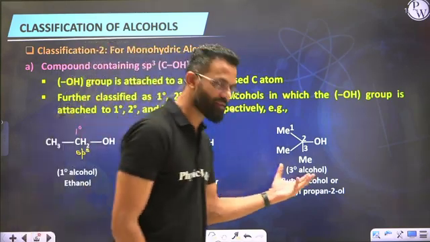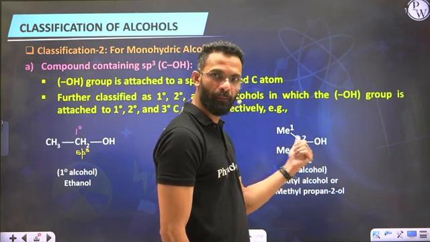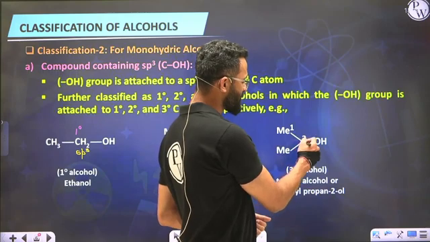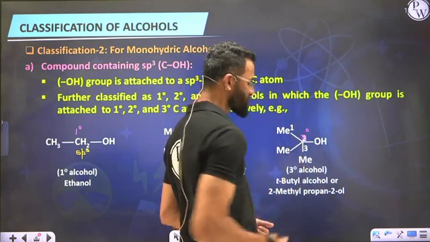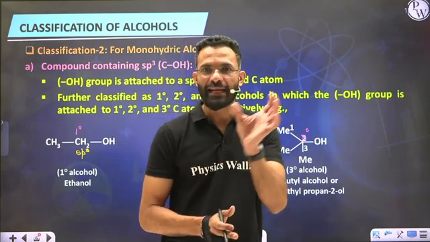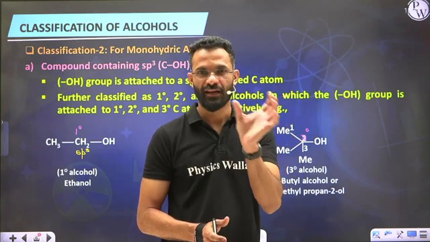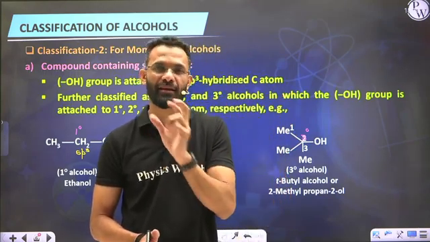In the third example, this is again sp3 hybridized carbon carrying OH, but the degree of that sp3 hybridized carbon to which OH is connected is tertiary. So we call it a tertiary alcohol. Simply, alkyl alcohol, that is ROH, certainly belongs to the category of sp3 hybridized carbon carrying OH.